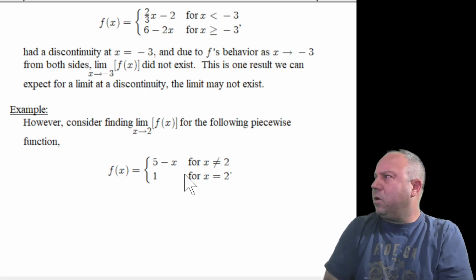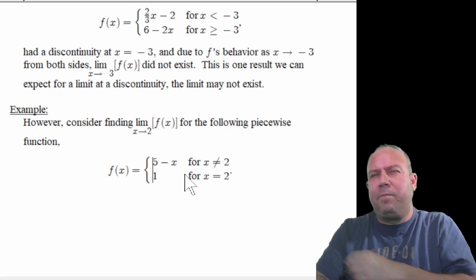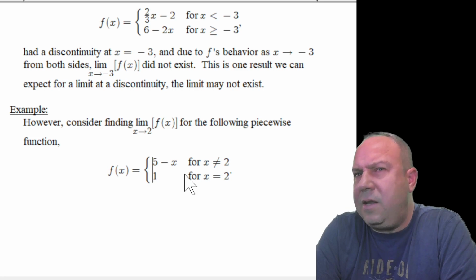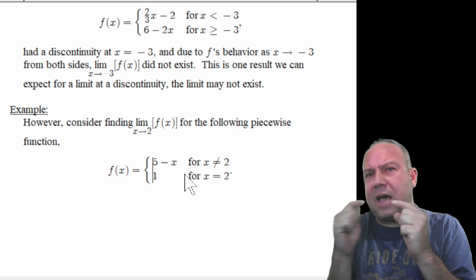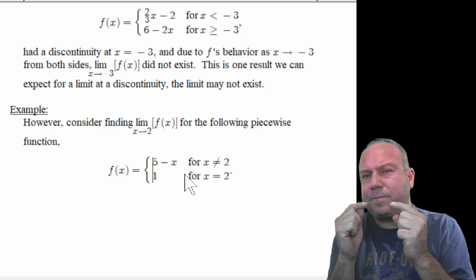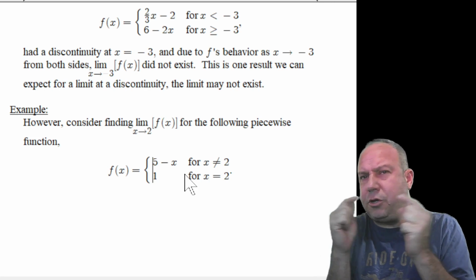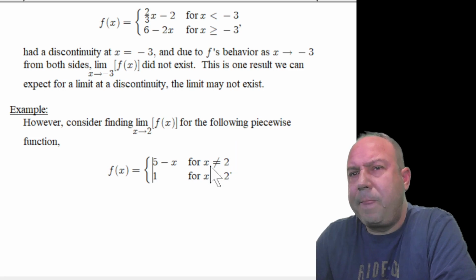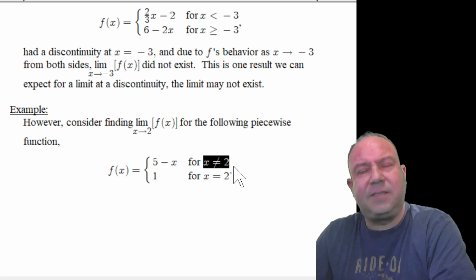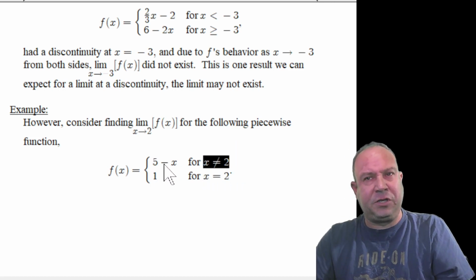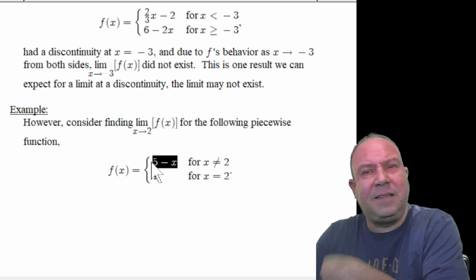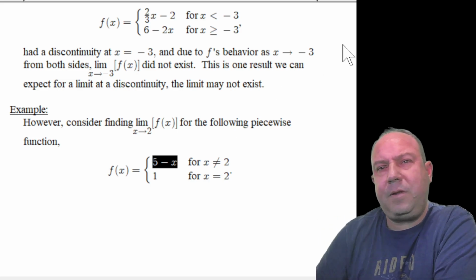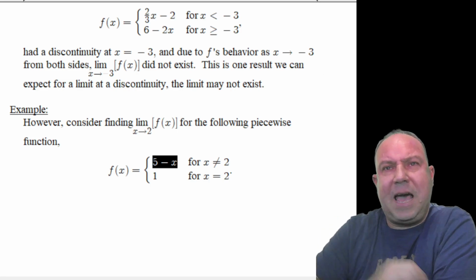But we want to be really cautious there, because I don't believe 1 is the result we get when we consider approaching from the left and the right. When we consider approaching 2 from the left and the right, that's when x is not going to be the value of 2, and is going to put us approaching on this piece we call 5 minus x, on that linear piece.